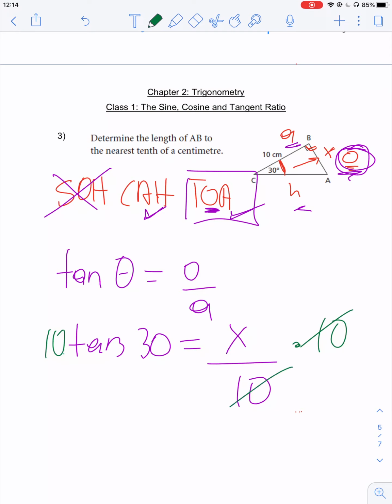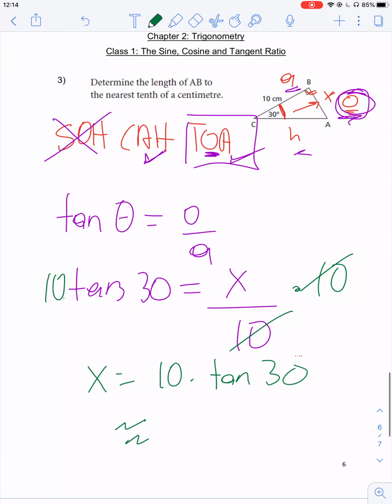So this will disappear, and then x equals 10 times tan of 30, which is approximately 5.77. Again, your units have to match. Because that was given to you in centimeter, this has to be in centimeter.